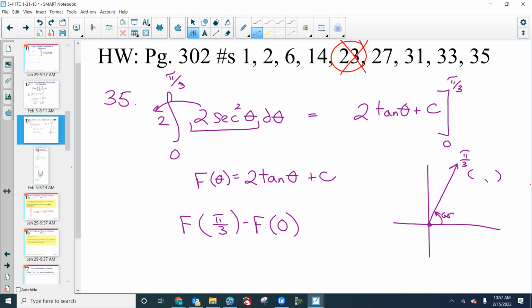Watch. Over here, my x is more than my y. As I go up to a 45-degree angle, my x and y are the same. As soon as I pass through that 45, my y is more than x.